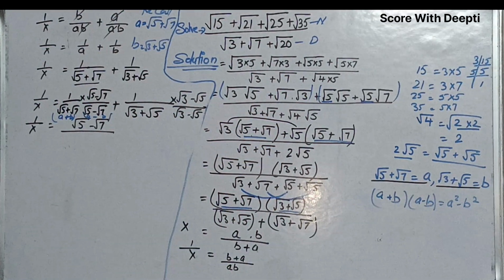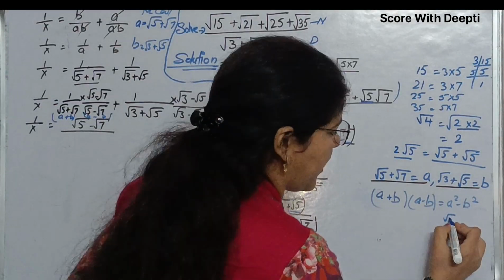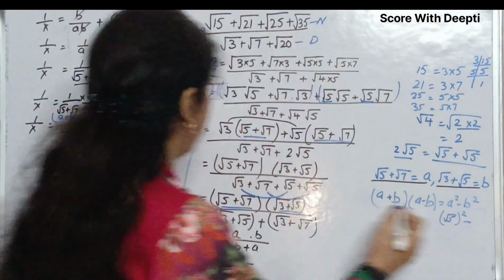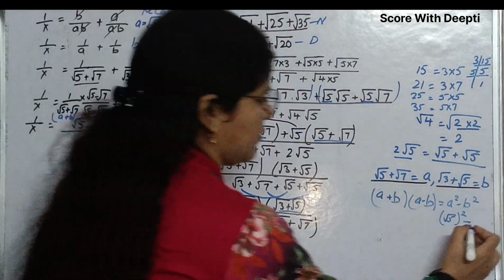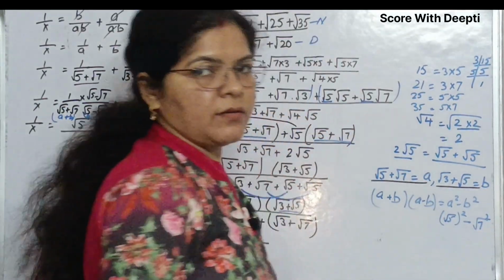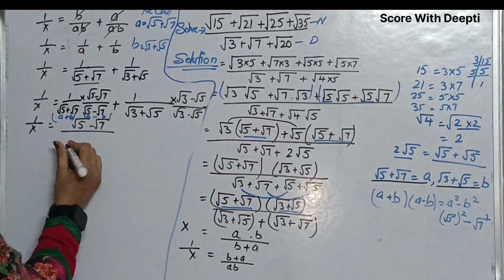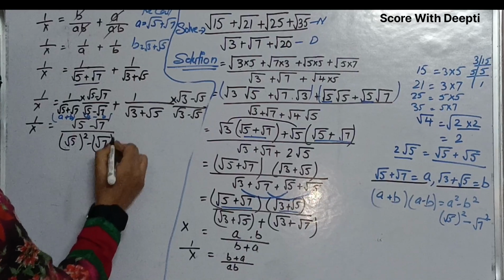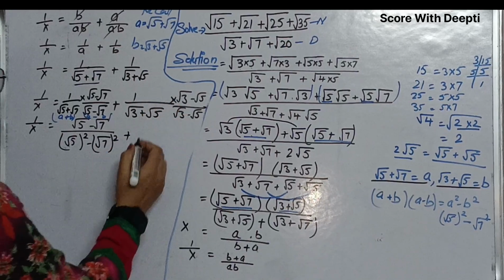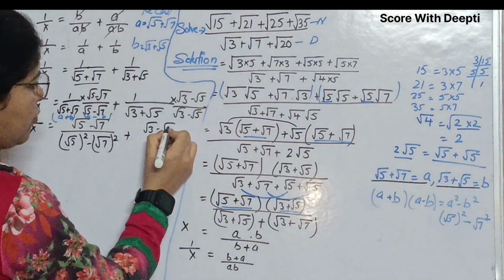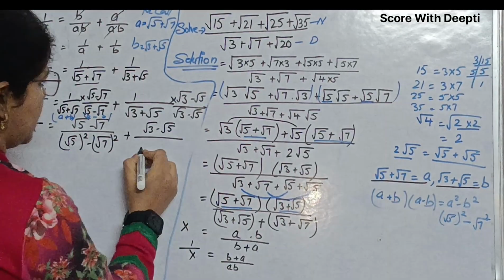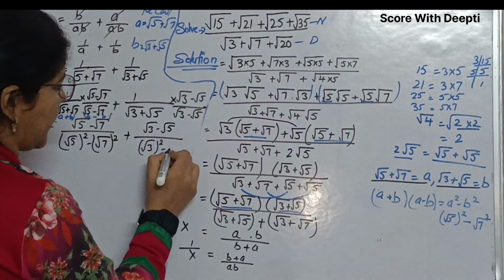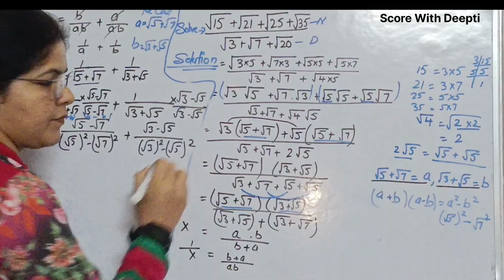Here a is square root 5 and b is square root 7, so we get square root 5 whole square minus square root 7 whole square, plus square root 3 minus square root 5 over square root 3 whole square minus square root 5 whole square.